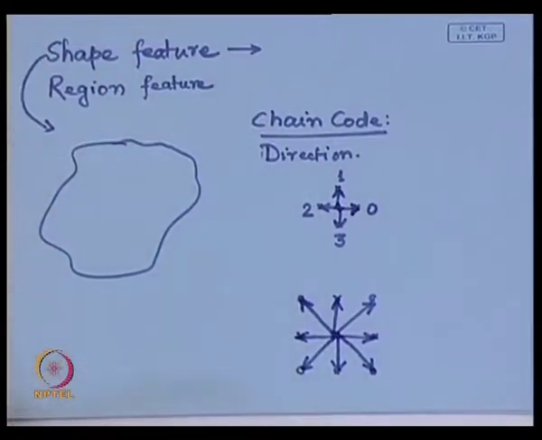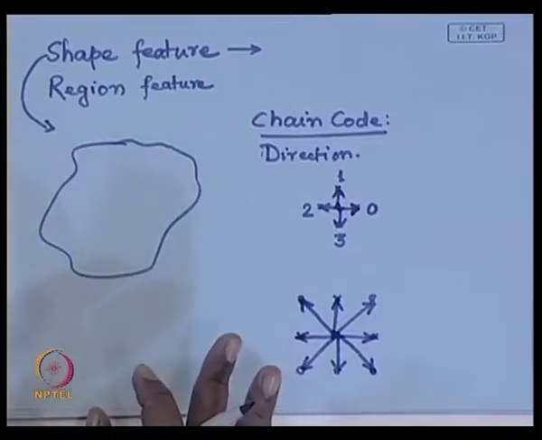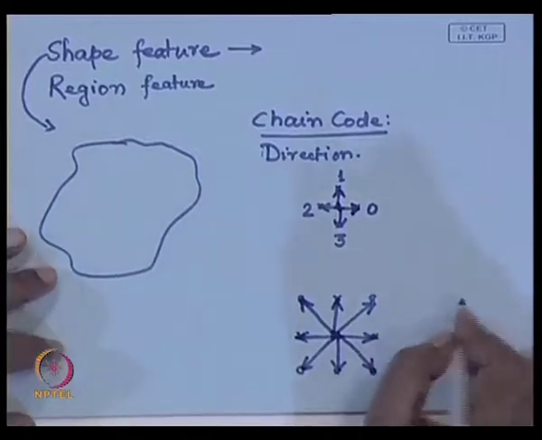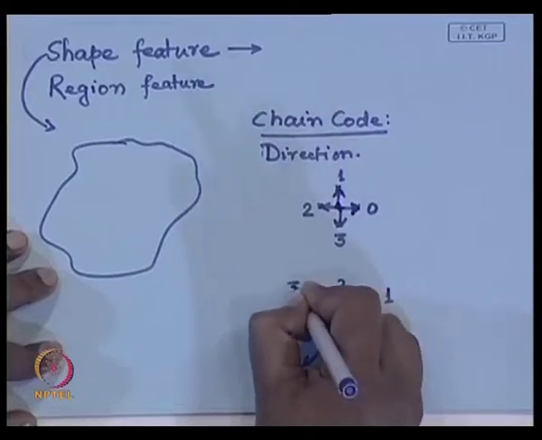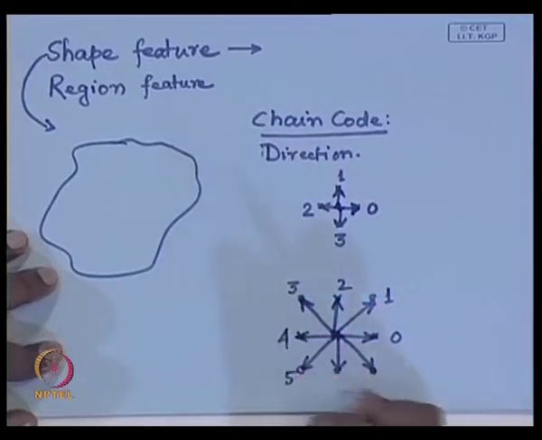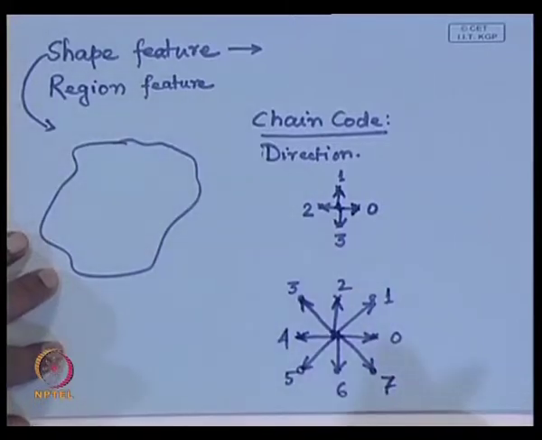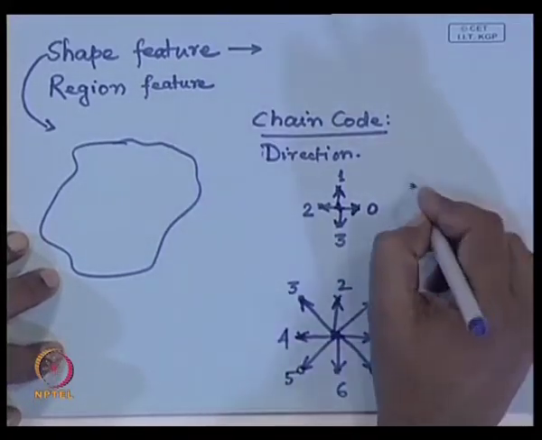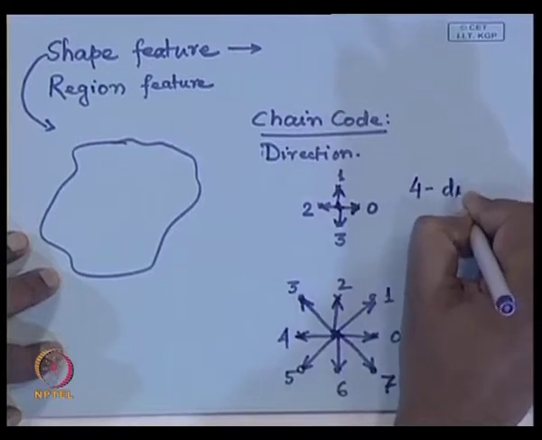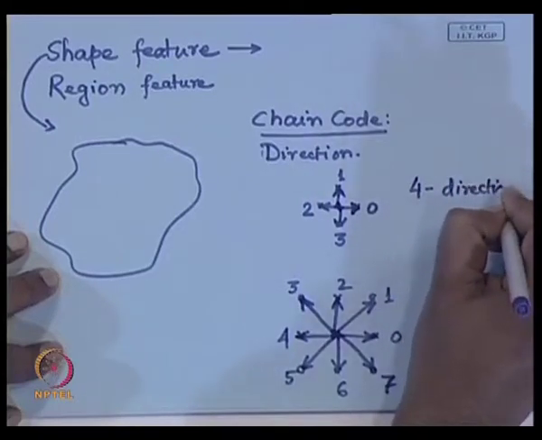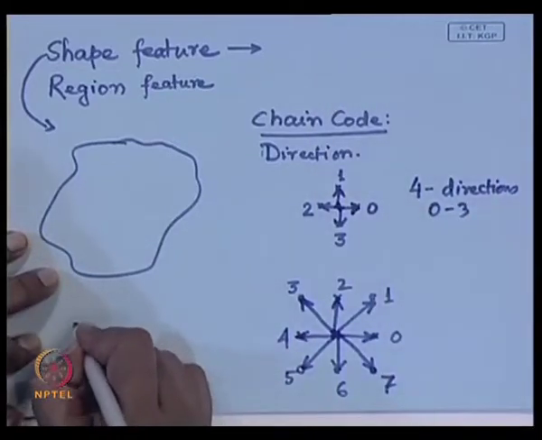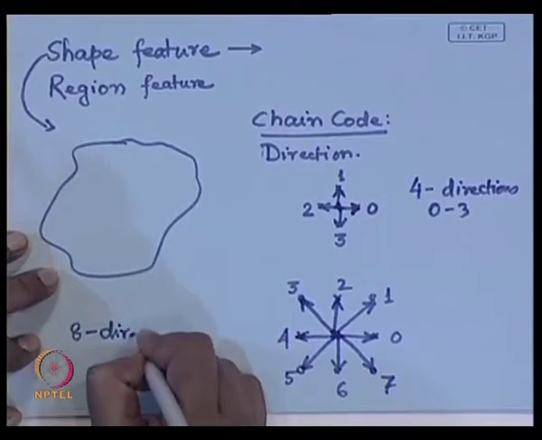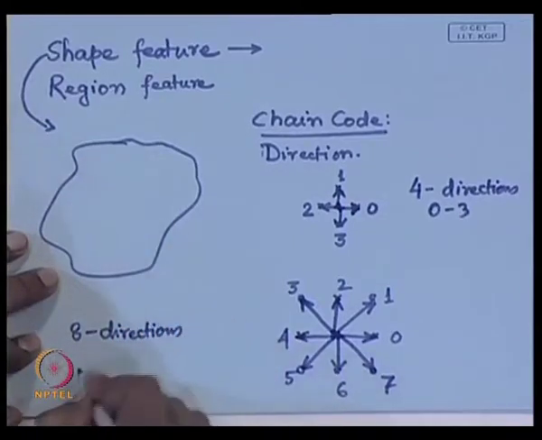These are the 8 possible moves following 8 connectivity. If I code these movements as 0, 1, 2, 3, 4, 5, 6, 7, then following 4 connectivity I have 4 directions, 0 to 3, and in case of 8 connectivity I have 8 directions, 0 to 7.